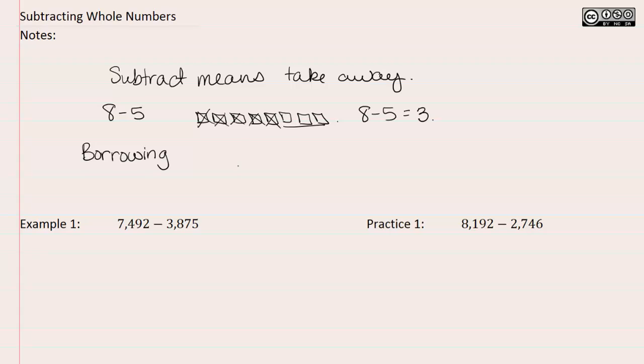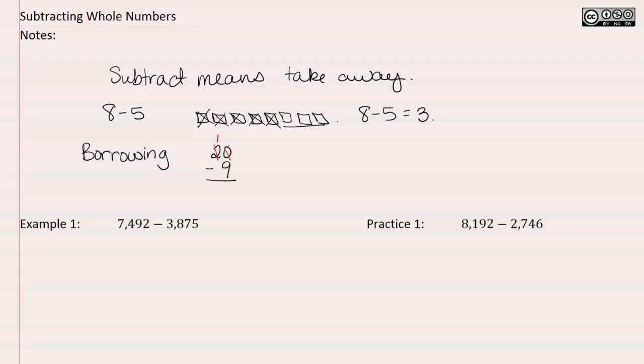Just like when we were adding and we carried a 1 to the place, but it wasn't worth 1, it was worth 10 because it was a 10. So what I mean by that is if I had 20 minus 9, I don't have enough to take 9 away from the 0, so I need to borrow from the 2, and so the 2 will become a 1, but I'm borrowing 10 from that.